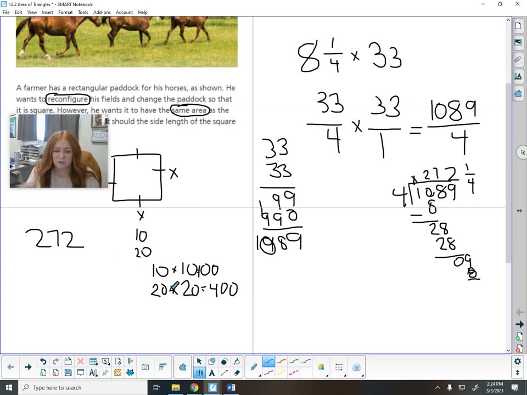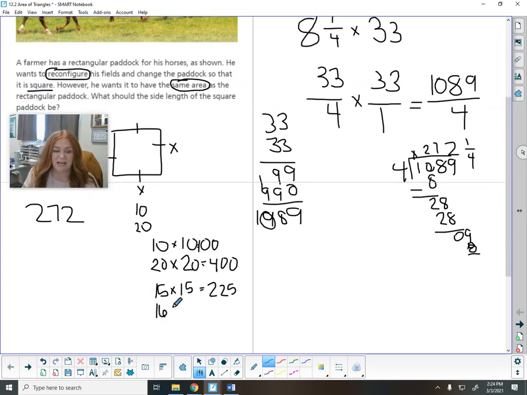That's a little bit too big, so it's definitely closer to 20. Let me try 15. 15 times 15 is 225. That's a little bit too small, but I'm getting closer.